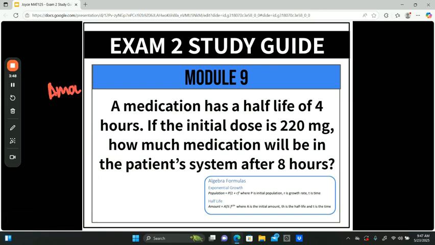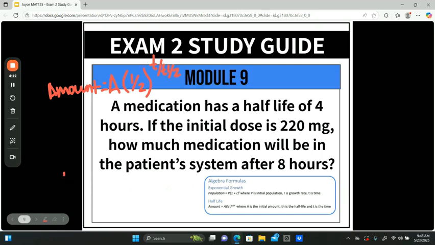So the amount equals A times 1/2 to the T over T 1/2, where this is the half-life, this is the time, and A is the initial amount. Okay. So let's fill in what we know.